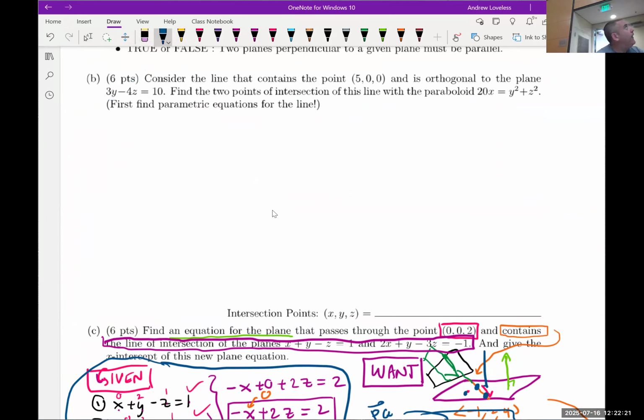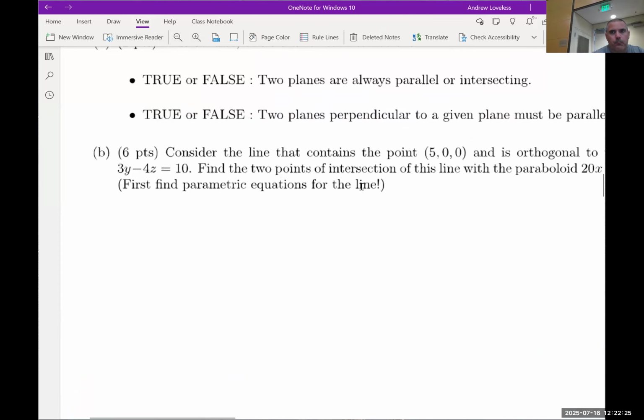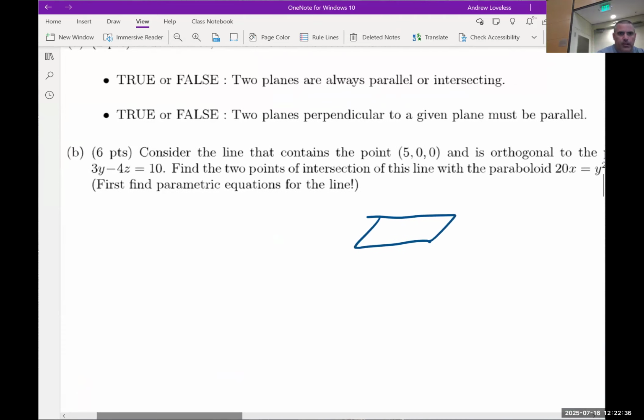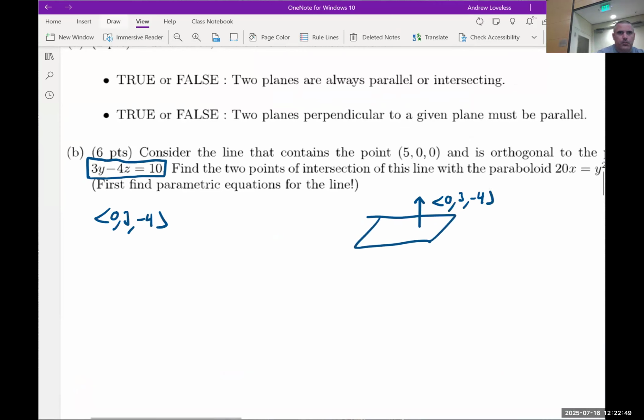So when I read that, let me make this a little bigger. It's giving me a plane. Let me make sure I didn't cut off part of it. Yeah, the plane is 3y minus 4z equals 10. That means the normal vector is 0, 3, -4. So this is what was given.